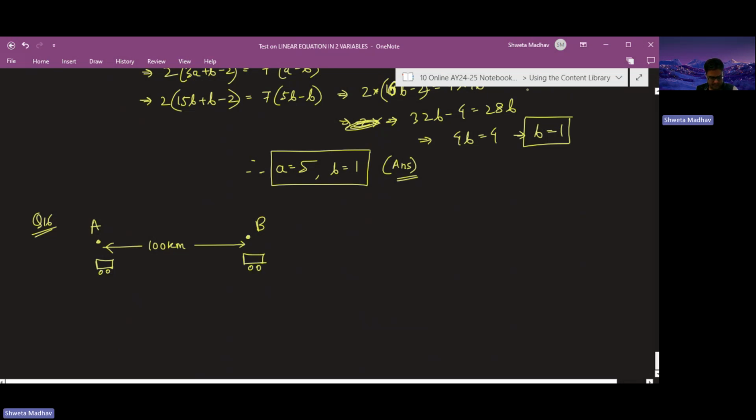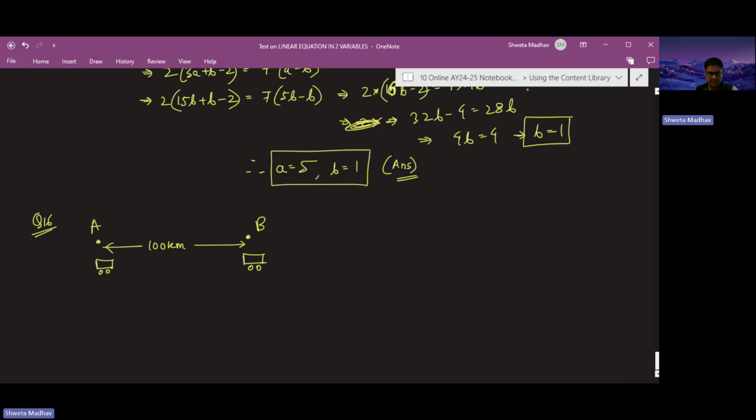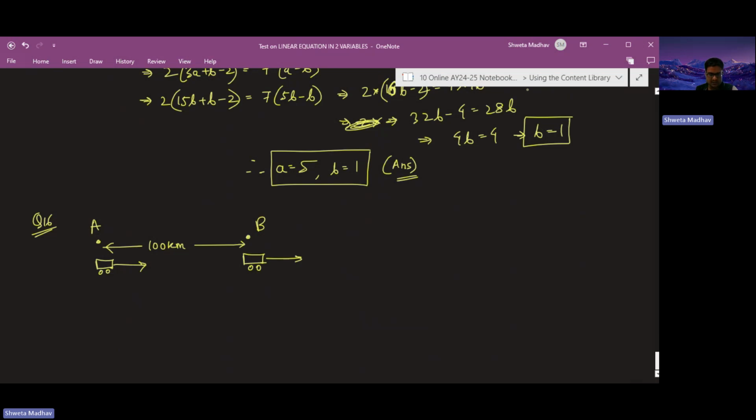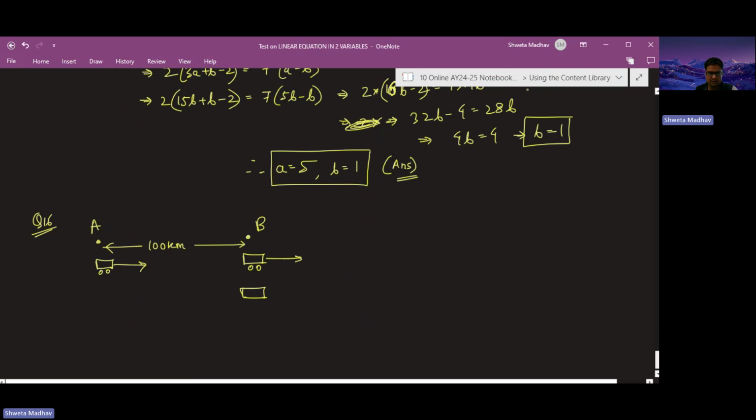If the cars travel in the same direction at different speeds, they meet in 5 hours. So in case 1, they are traveling in the same direction, and in case 2, they are traveling towards each other.